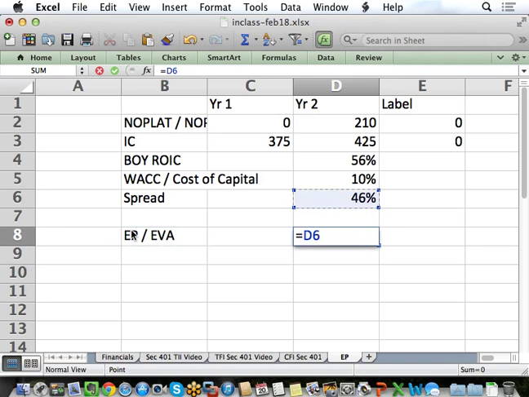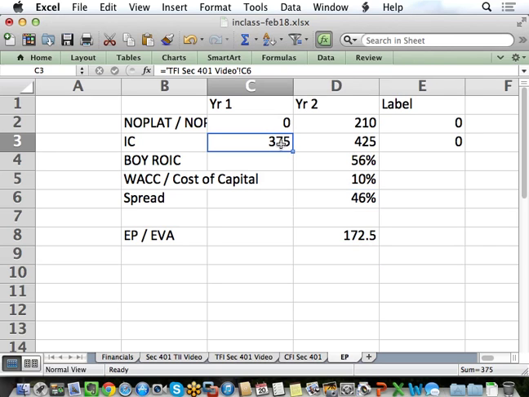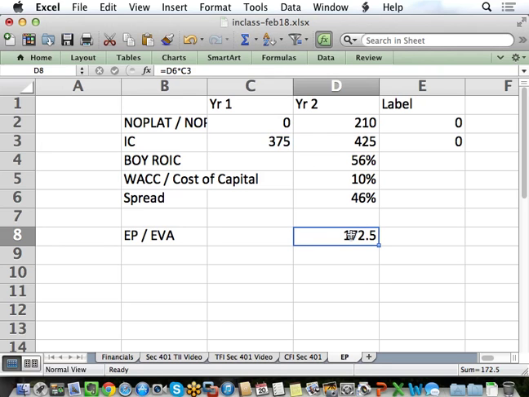It's my spread times my beginning of year invested capital. I've created 172.5 million of value. I made 46% on 375 of investment at the beginning of the year, creating 172.5 of value. 46% more than my cost of capital.